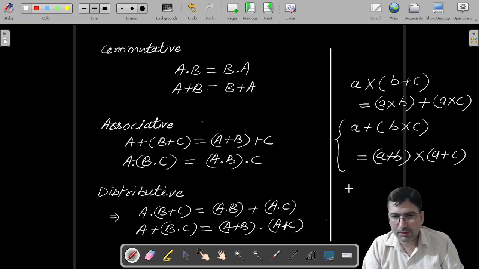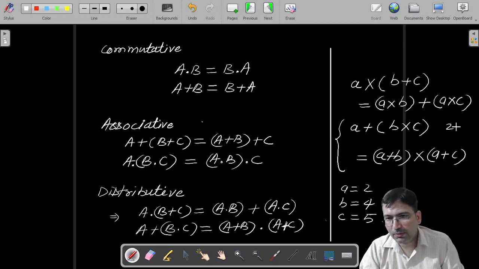If you want to verify, let's say I'm taking the value of a as 2, the value of b as 4, and the value of c as 5. When you verify it, this side will give you 2 plus 20, so that is 22. Here you are getting 2 plus 4, that is 6, and here 2 plus 5, that is 7. 7 sixes are 42.